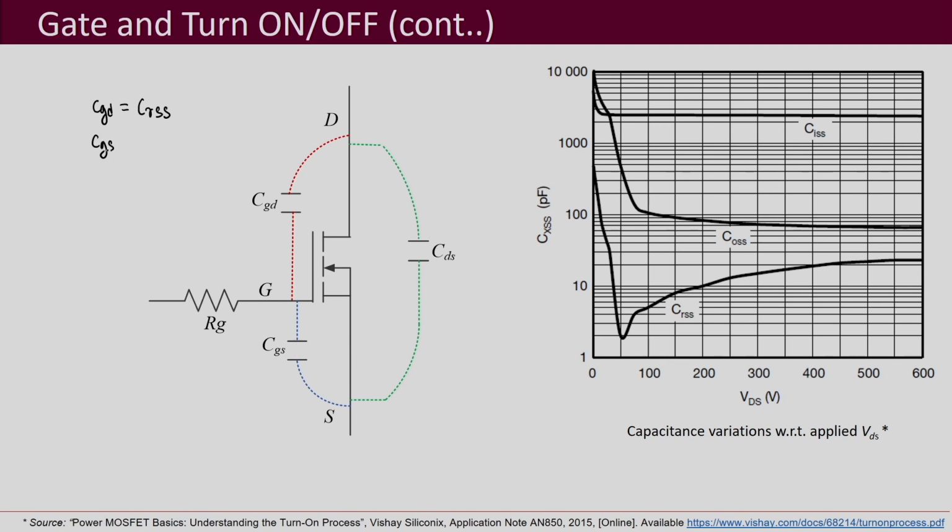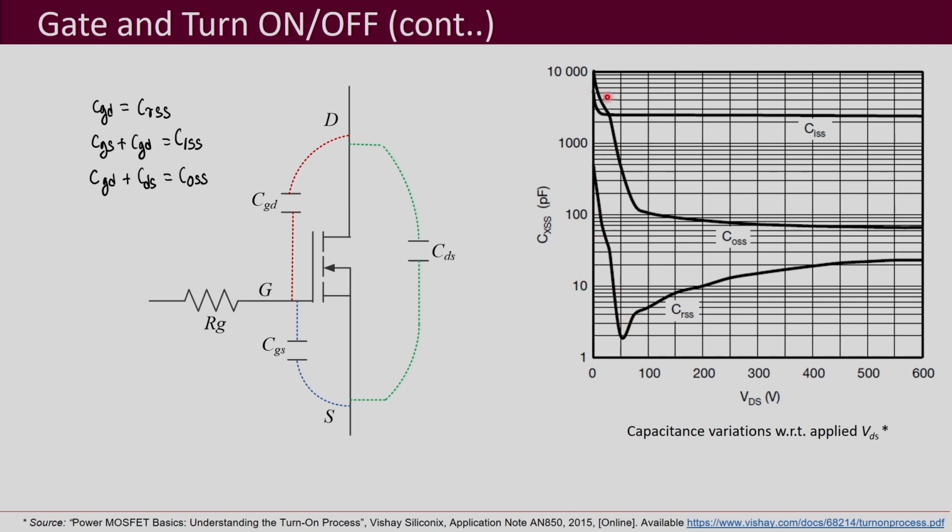Then CGS plus CGD forms the input capacitance CISS, and CGD plus CDS forms the output capacitance COSS. These are not fixed capacitance values, but they actually vary with the drain to source voltage across the MOSFET, and this is what the plot is showing.